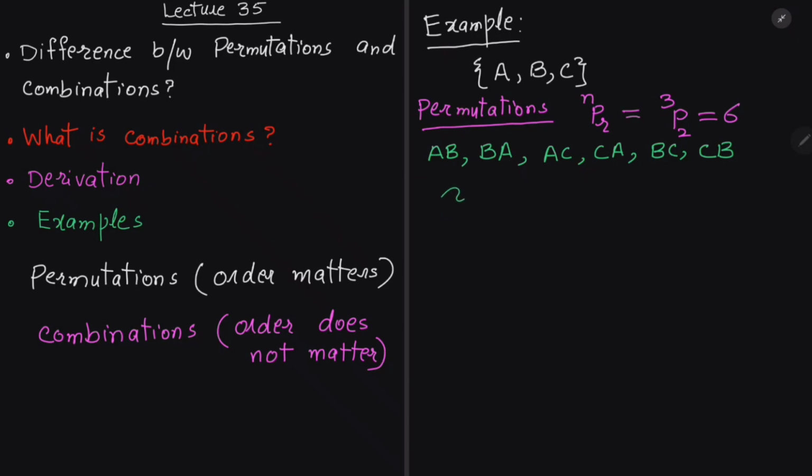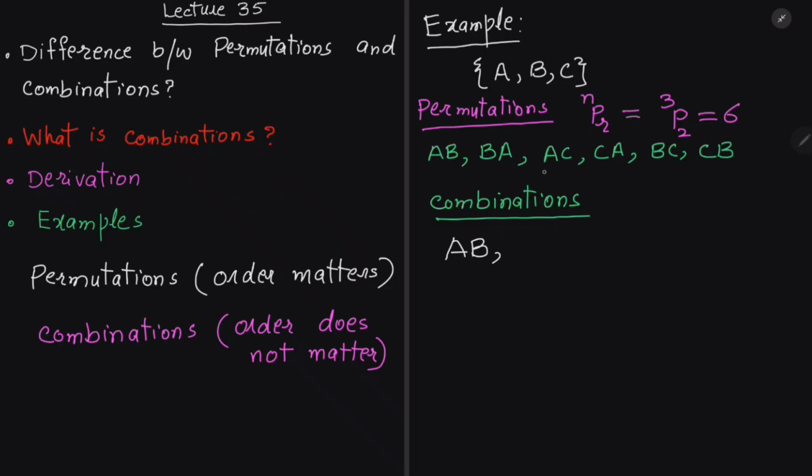Now, if you're asked to find the combinations, what you can do is neglect all the elements where the order does not matter. For example, here this is AB. In combinations, AB is equal to BA. It is the same thing. So we have the first combination, which is AB.